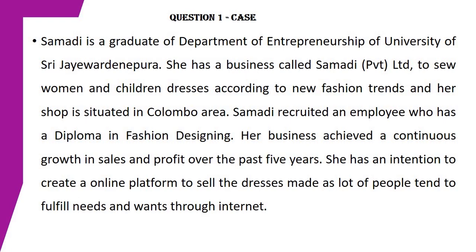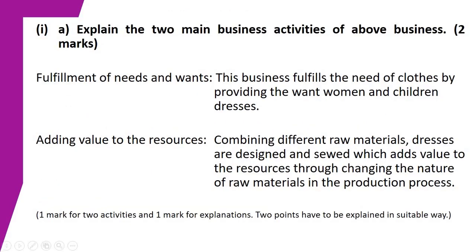Now after reading the case once, you can go to the questions and find examples from the case to write the answers. We will look at part A of question number 1, which will give 2 marks. The question is, explain the 2 main activities of the above business.